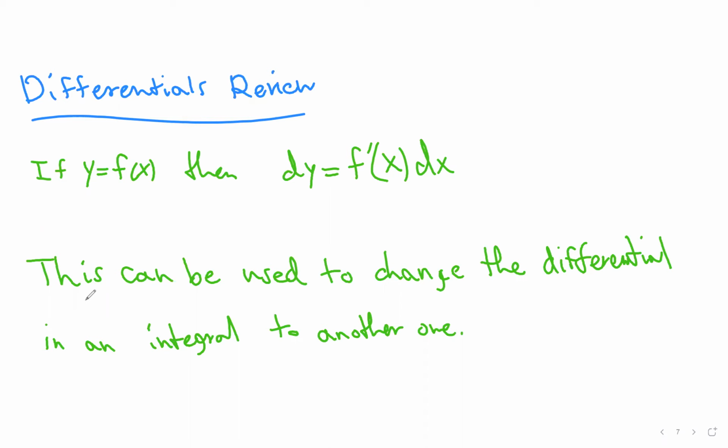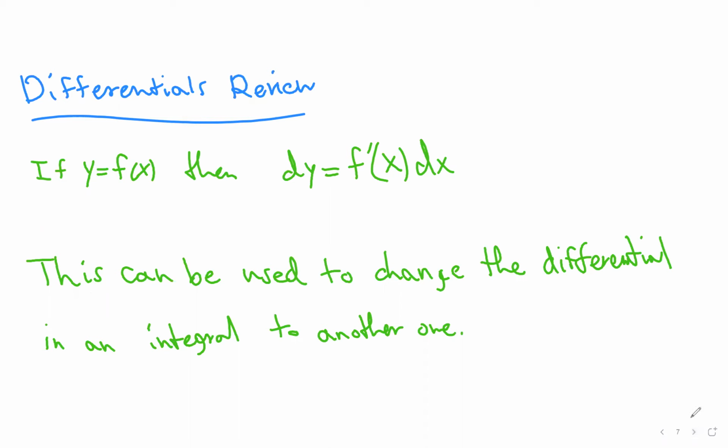This can be used to change the differential of an integral into a new differential. If you have a function that relates two variables, a y and an x, a u and a v, whatever you want, then you can use this formula or this method to change from one of those variables into another one. That other form might be a little bit easier to integrate over.